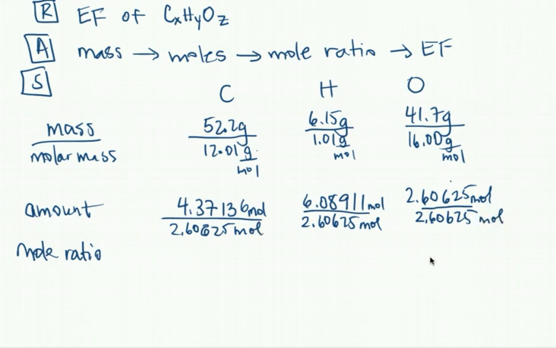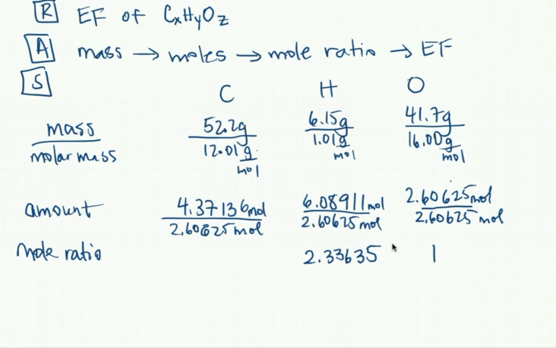So this one's 1, and then this one will be 2.333635. Hopefully you're already seeing that you're going to have to bump these up, because that's not a good whole number.